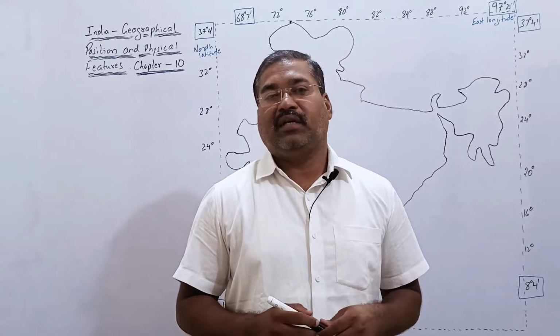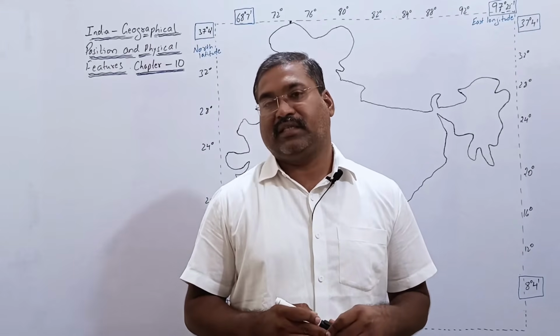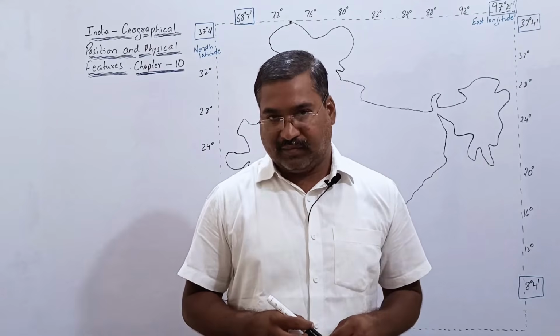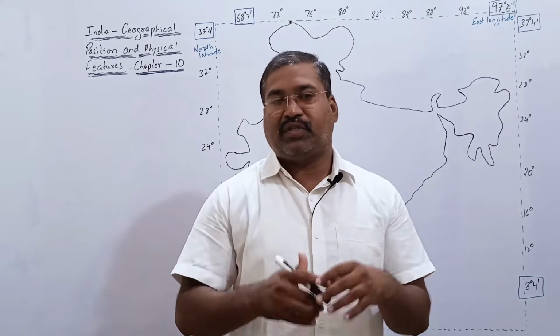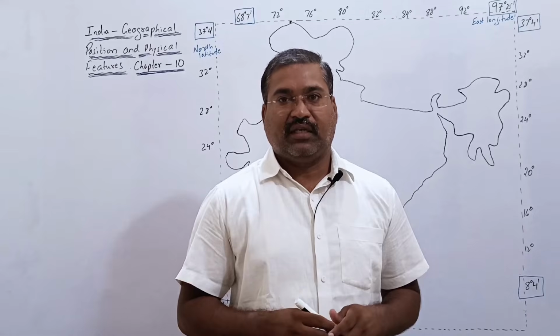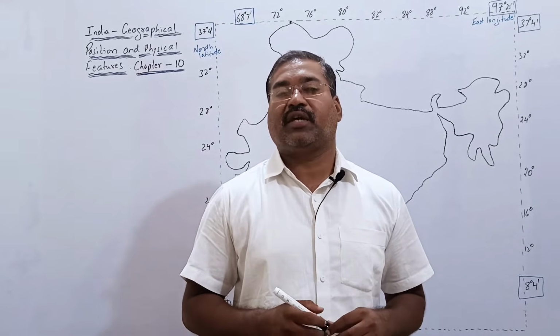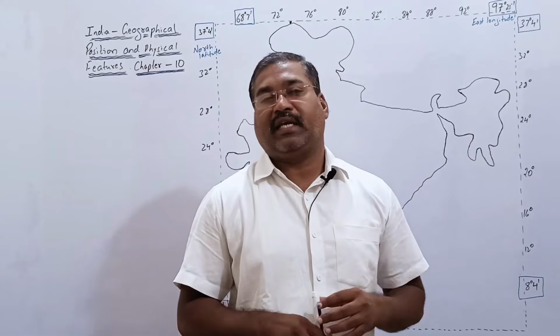Dear students, you have learnt in the 8th standard that to know about any country, its proper geographical position, there is a requirement to know which latitudinal line and which longitudinal line it lies on.